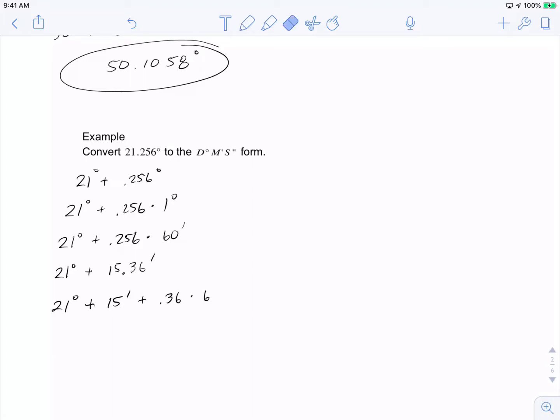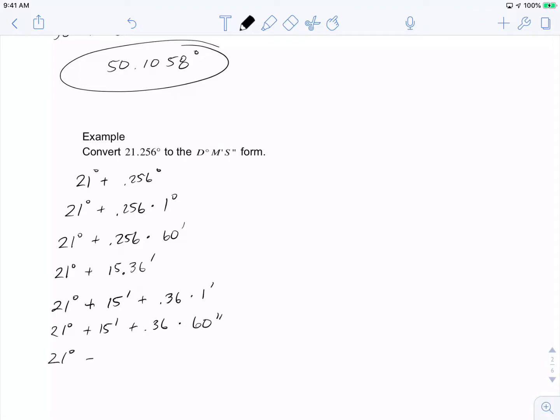Well, let me actually show it so you guys can see. Times the 1 minute, and then that's going to be 21 degrees plus 15 minutes plus 0.36 times 60 seconds.